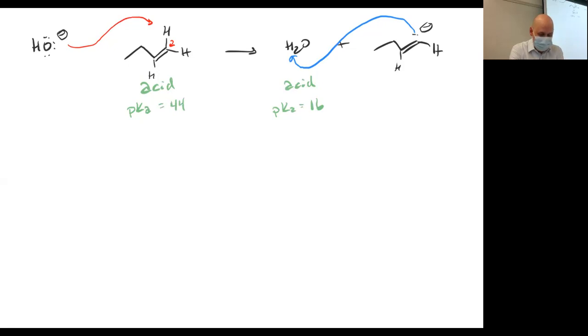What does a pKa of 16 versus 44 tell us? One of them is way more acidic. Which one's way more acidic? Yes. So by a strong amount, water is a stronger acid, and therefore your alkene would be a weaker acid. So stronger means what?